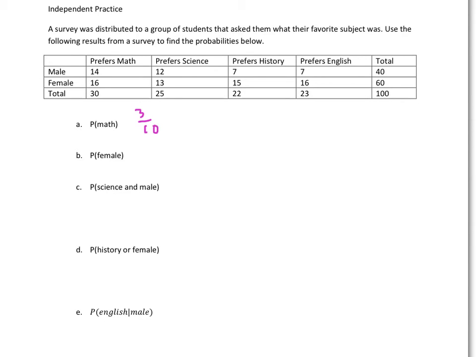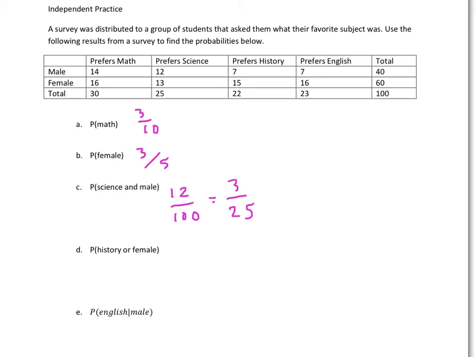Probability the student would be female, that would be 60 over 100, which would reduce to 3/5. The probability that they prefer science and they are male, there are 12 out of the 100, so that would reduce to 3/25.